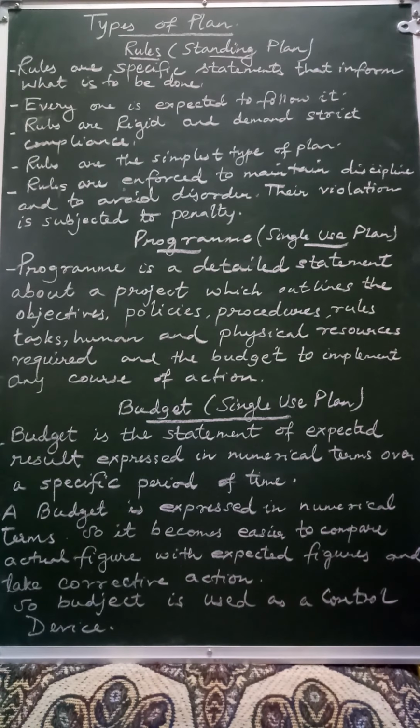This is video 5 of the types of plan. Previous topics were covered in 4 parts, and this is part 5 and the final part of the types of plan.